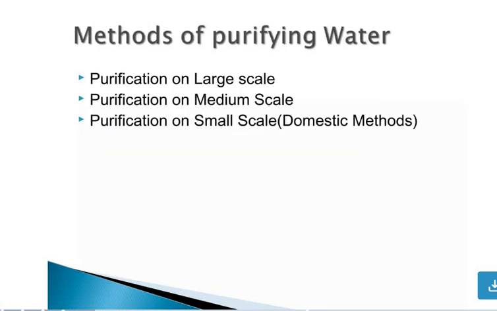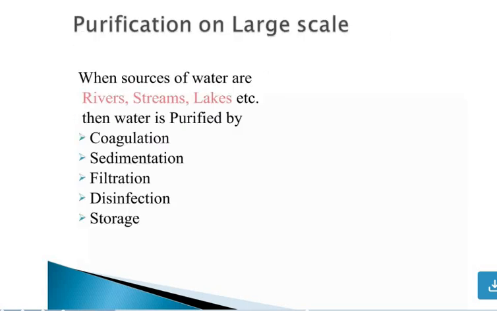So, methods of purifying water: purification on a large scale, purification on a medium scale, and purification on a small scale, the domestic method. When the source of water is rivers, streams, or lakes, then water is purified by coagulation, sedimentation, filtration, disinfection, and storage.